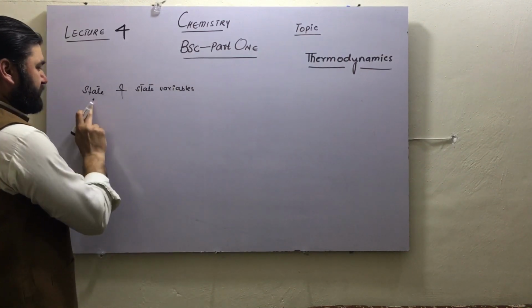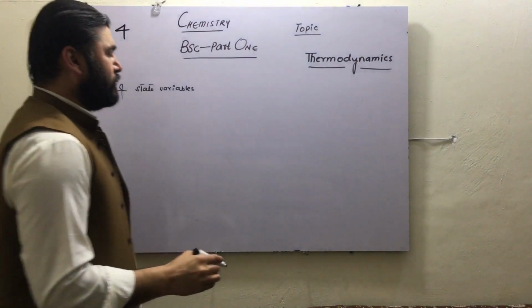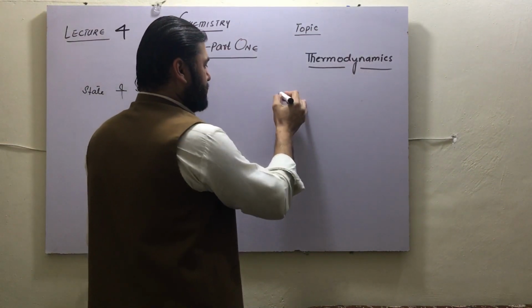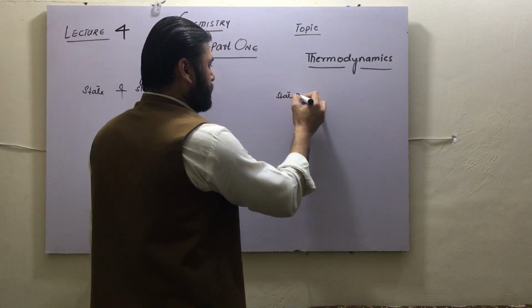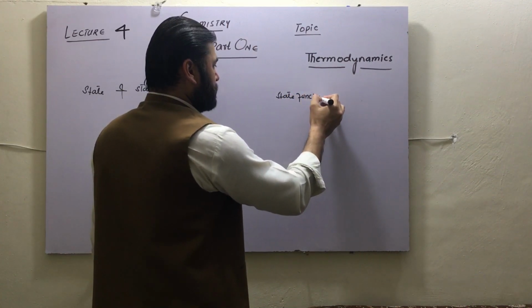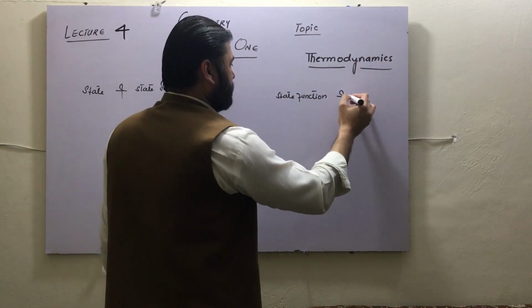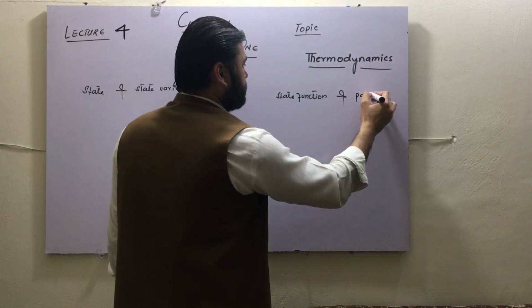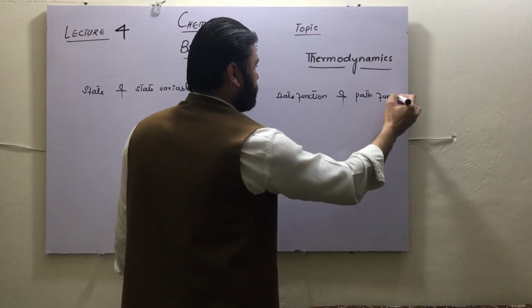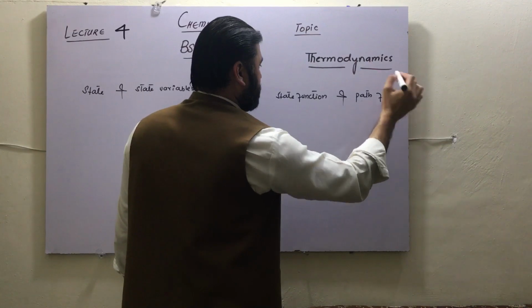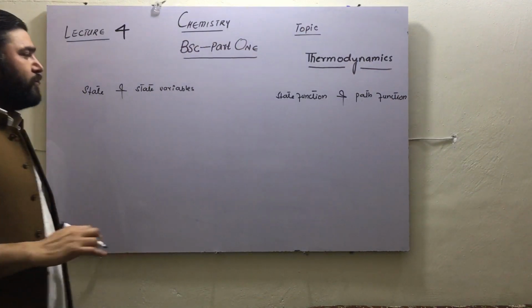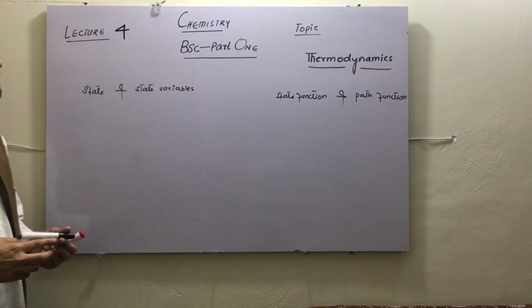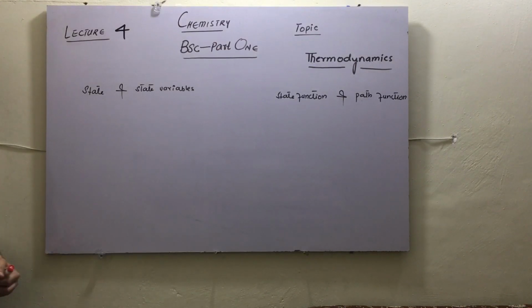What is the difference between state and state variable, and also what is the difference between state function and path function. These four important terms will be used in today's lecture number 4 of Thermodynamics BSc Part 1.